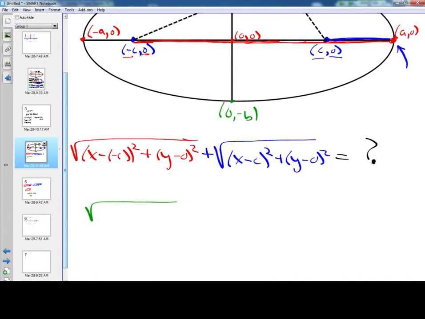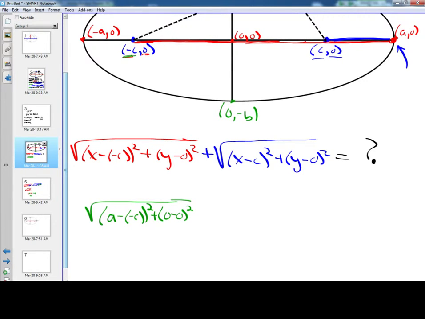So it's the square root of A minus what? Yeah, negative C. Or did you want to do the red piece first, or blue piece first? All right, so let's do this one first, okay? So it's (A minus negative C) quantity squared, and then we're going to have plus (0 minus 0).